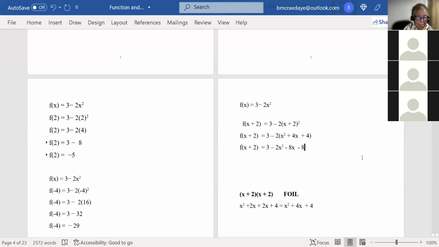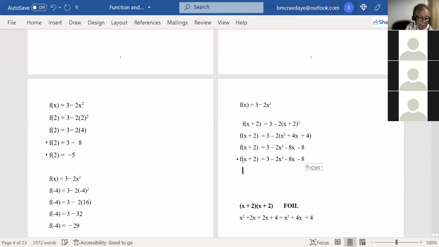Now, what can you combine here? Can't combine the x squared or the 8x. You can only combine those constants. Minus 8 and plus 3. So that would be a minus 5. That's it. So let's put here a minus 5. That's what we get from a minus 8 and a plus 3. So what's our answer? Minus 2x squared minus 8x minus 5.